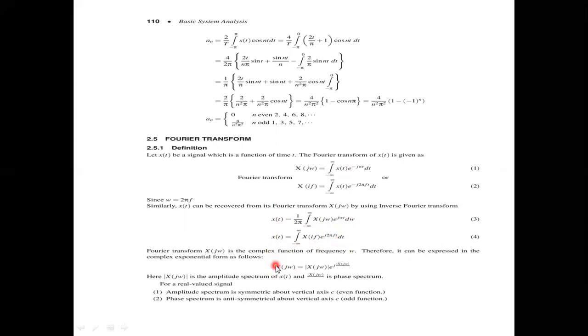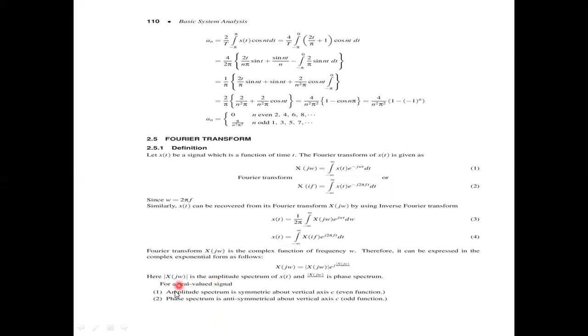This Fourier transformation, if converted into the polar form, is the magnitude of X of j omega into e power j angle of X of j omega, where the magnitude of X of j omega is the amplitude spectrum of x of t, and the angle of X of j omega is the phase spectrum, for a real valued signal. We already said there are some Dirichlet conditions: single valued, finite discontinuities, finite peaks, and absolutely integrable.